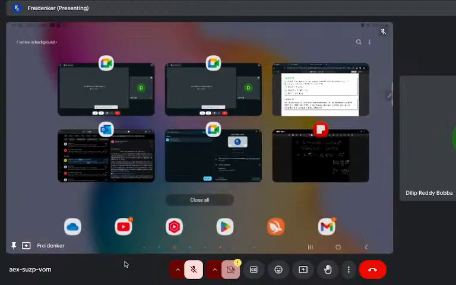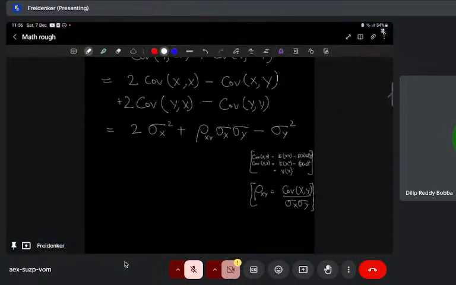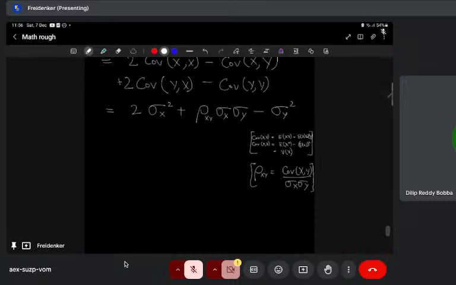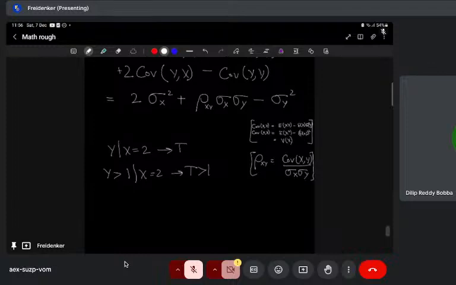Or else, if you want to have less confusion, you can just replace y given x equal to 2 with some t. So then I can write y greater than 1 given x equal to 2 as t greater than 1. This is just a matter of substitution, but it's there to reduce the confusion, or else you can just use this in your equations.